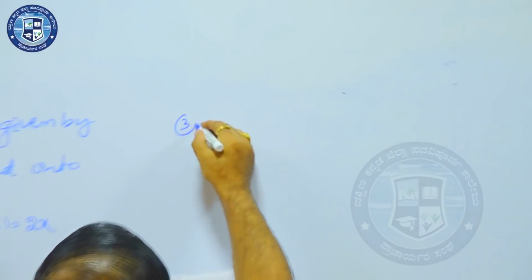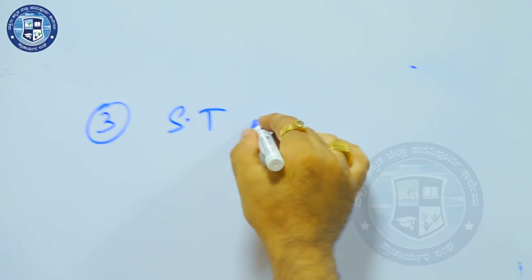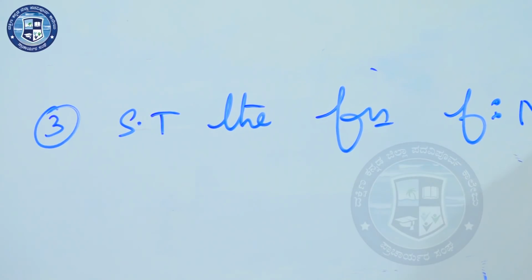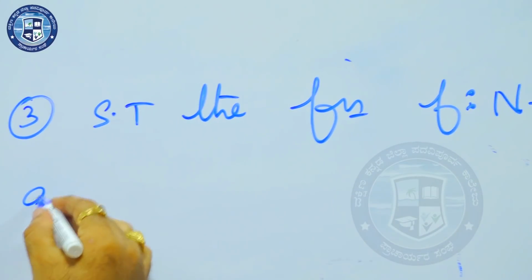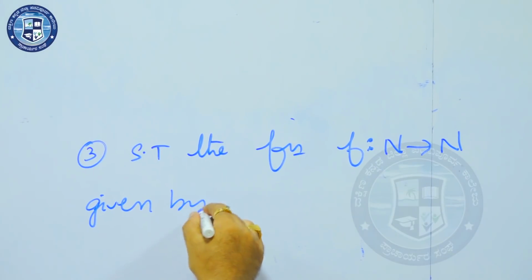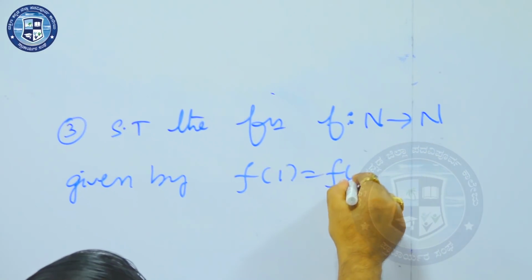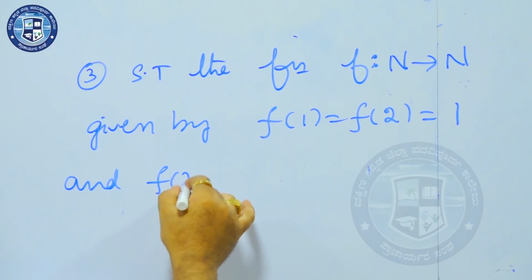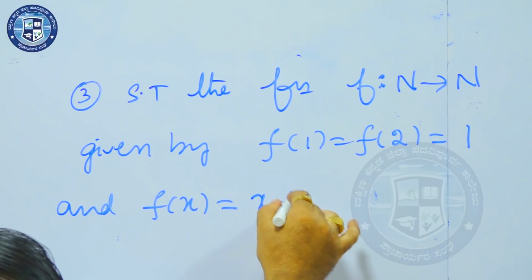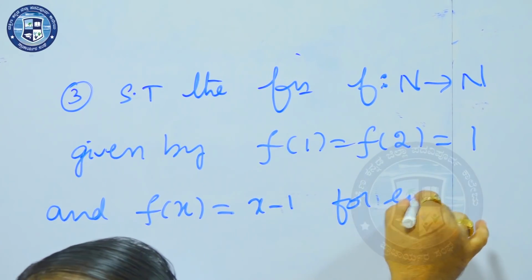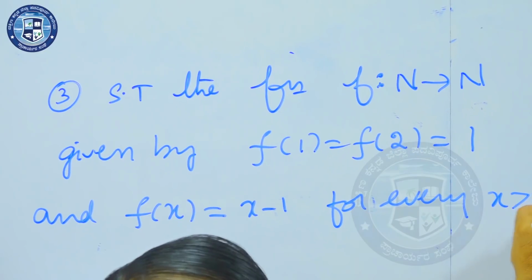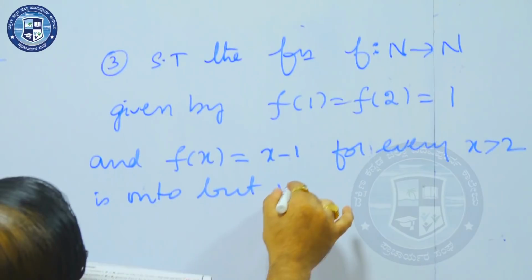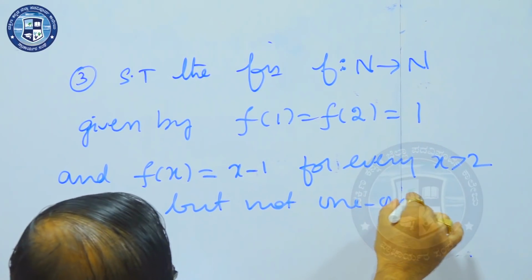Example: show that the function f from N to N given by f of 1 equal to f of 2 equal to 1 and f of x equal to x minus 1 for every x greater than 2 is onto but not 1 to 1.